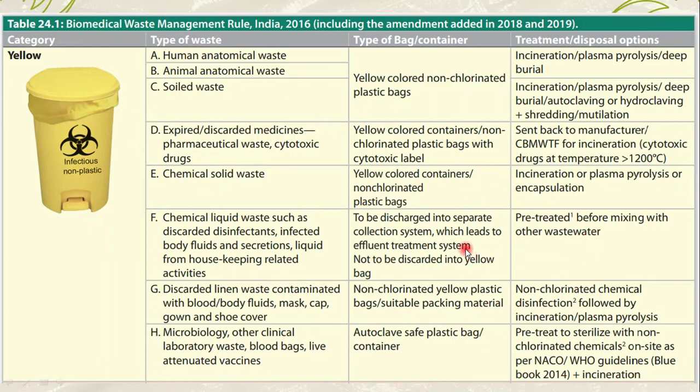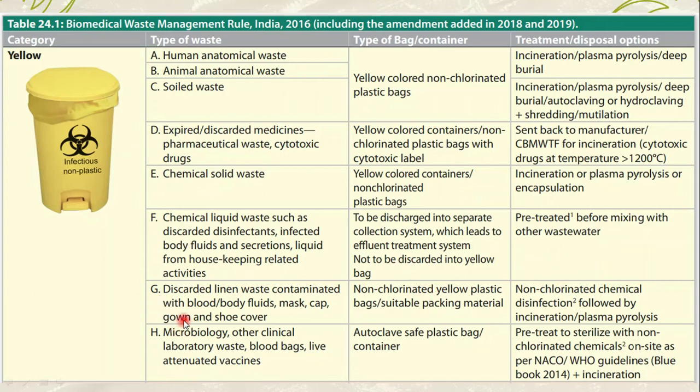For easy understanding and practically, you should have a separate collection system in which you should dilute that particular disinfectant by adding water, and that mixture will be further treated before mixing with other wastewater.